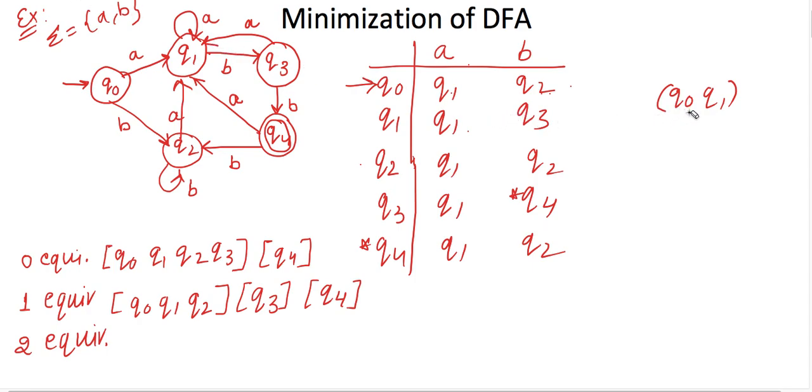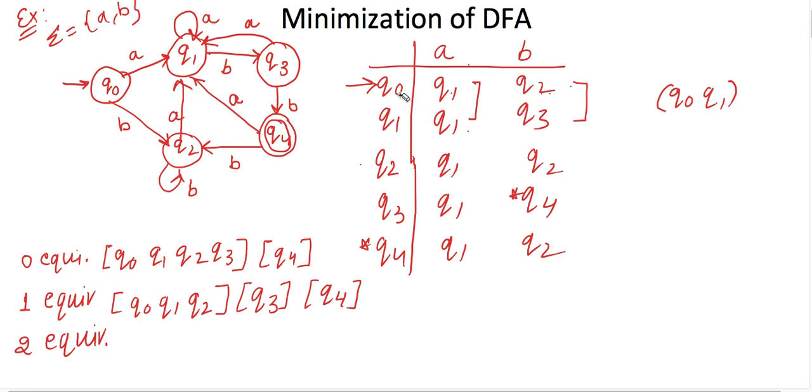Now let's see q0, q1. Now watch it. q0 on a is moving to q1, q1 on a is moving to q1. So q0 and q1 are falling in the same group. No worries.